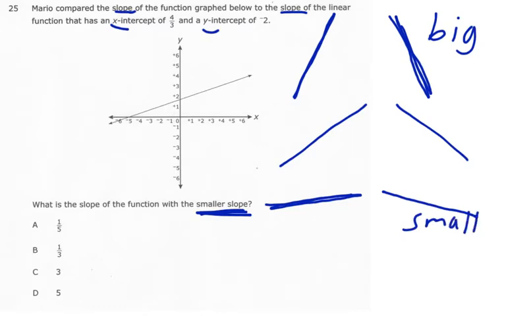A big slope would have a big absolute value, for instance, -4 or +4. Maybe -1 and 1 could be in the middle, like an average slope. And then a small slope would be something like -1/4 or +1/4.